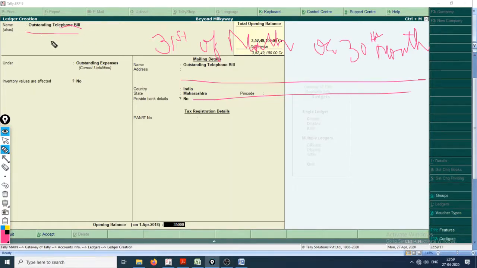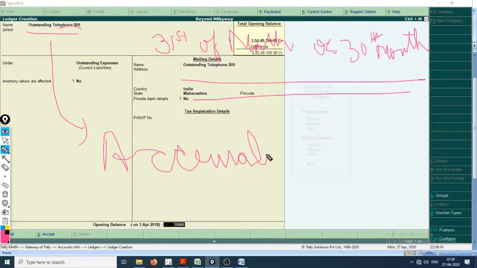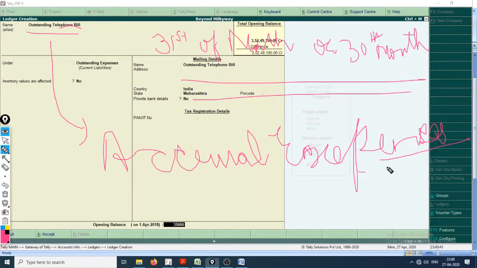So the accounting principle of accrual says that you should realize all your expenses as and when you know about them. Although these are not incurred right now, you know that this is something that will be incurred in future.